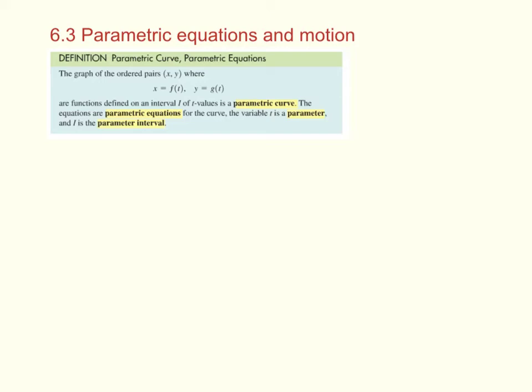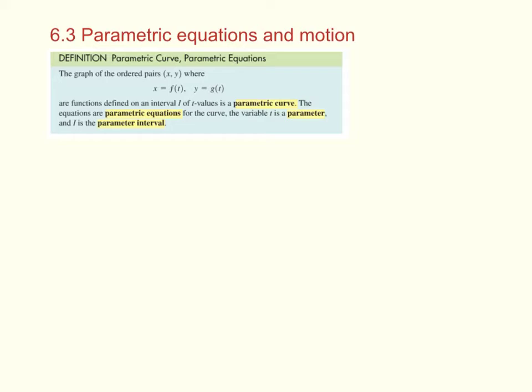Okay, thankfully we were able to go over this in class together before I was gone, but a quick review as far as parametric curves, parametric equations. What we're basically doing with a parametric equation is we're taking our typical function and breaking it into two separate functions, one just for the x component and one just for the y component.